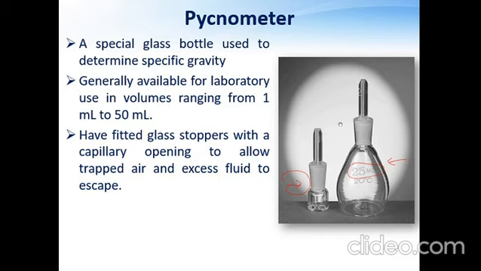A pycnometer has a fitted glass stopper. If you look here, a fitted glass stopper with a capillary opening. You may not be able to see the small hole here and the tube here, but that is a capillary opening to allow trapped air and excess fluid to escape, because we want an accurate volume, right?